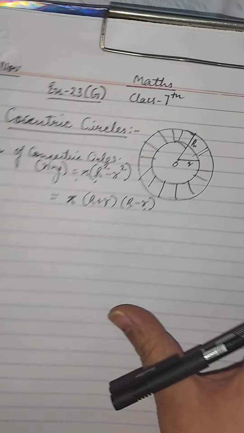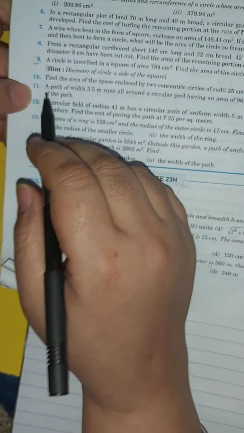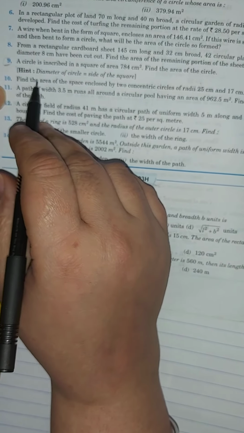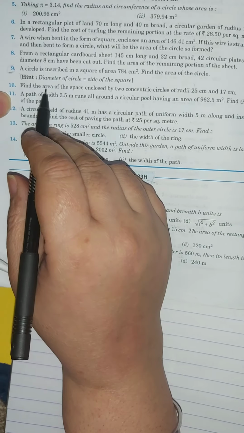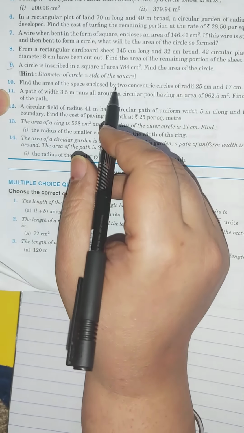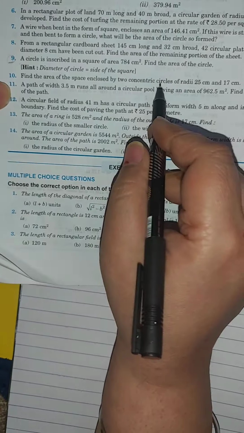Now, relating to this topic, we will see question number 10. Find the area of the space enclosed by two concentric circles of radii 25 centimeter and 17 centimeter. Two circles are given.